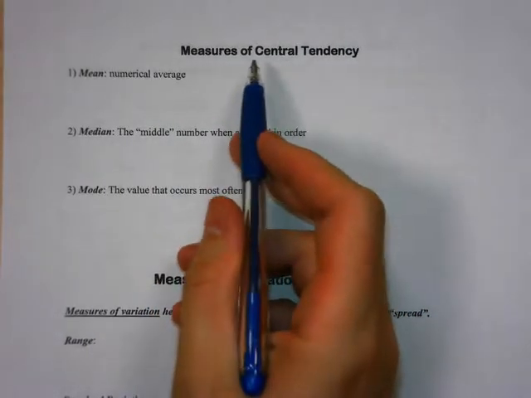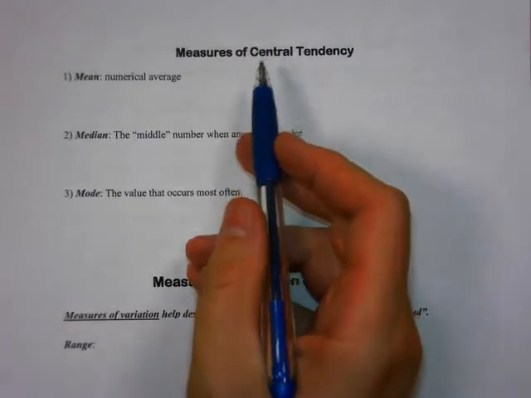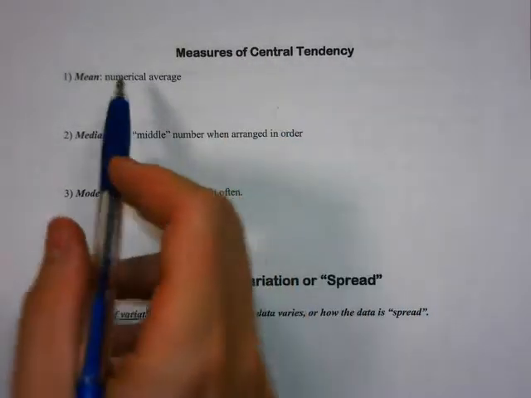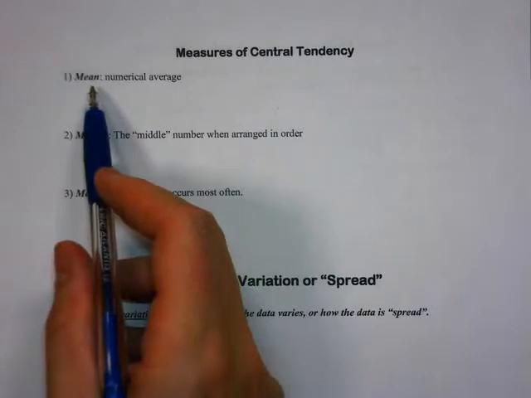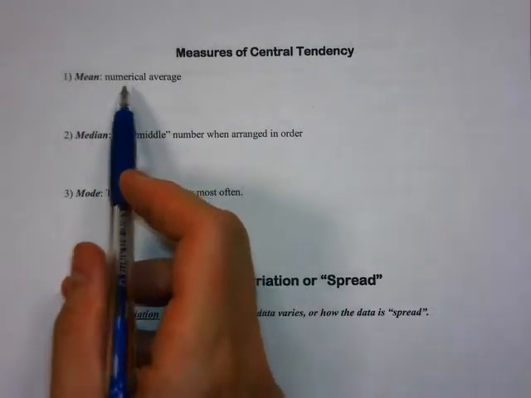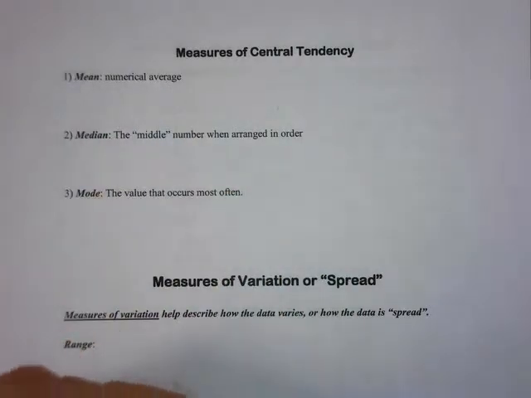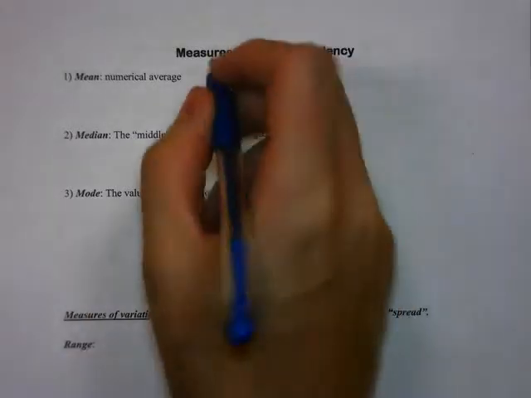Okay, so measures of central tendency are where you expect to find typical data values. The first measure of central tendency is the mean, and ever since probably 4th or 5th grade you've been finding a mean, which is a numerical average. What you do is you add the data values and divide by the number of data values.